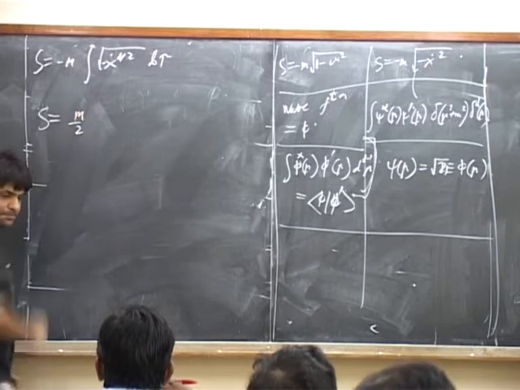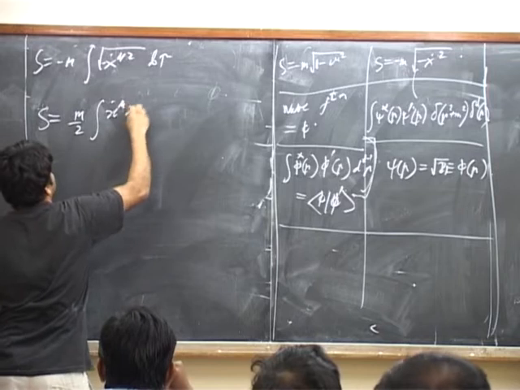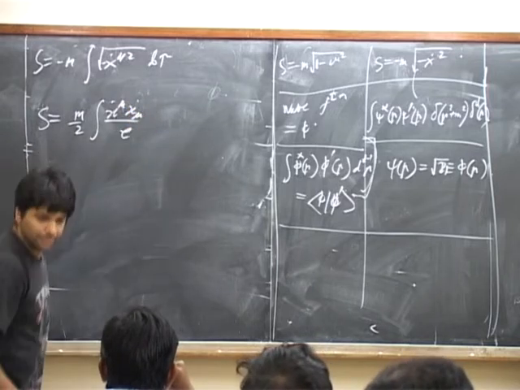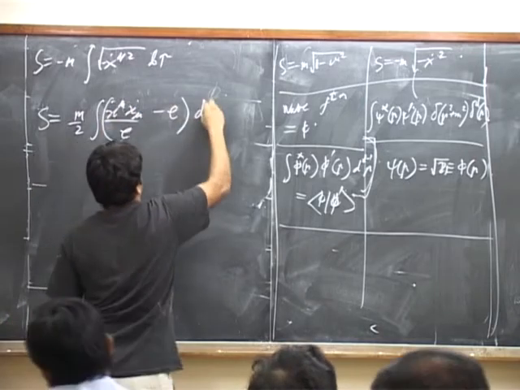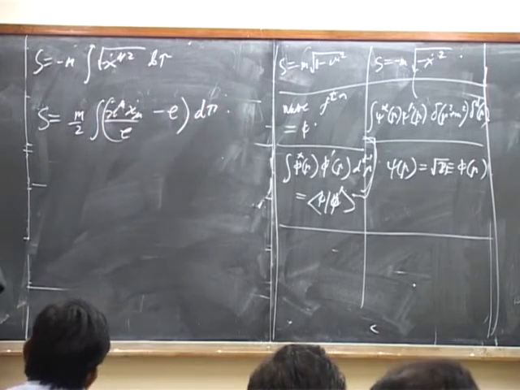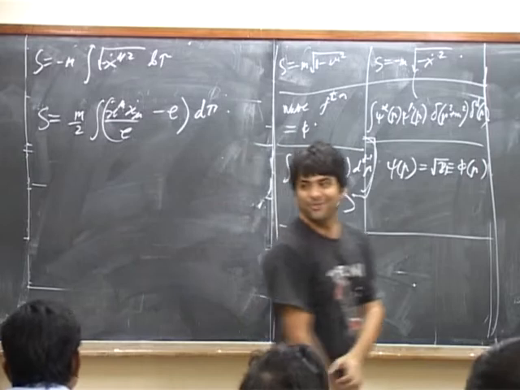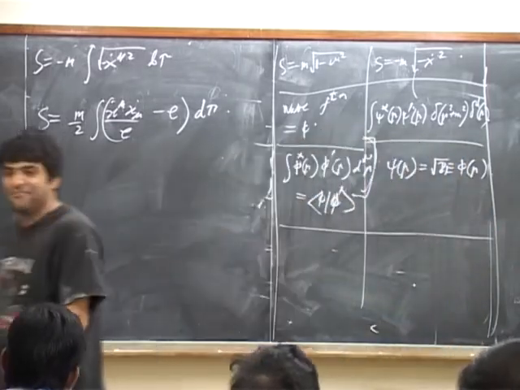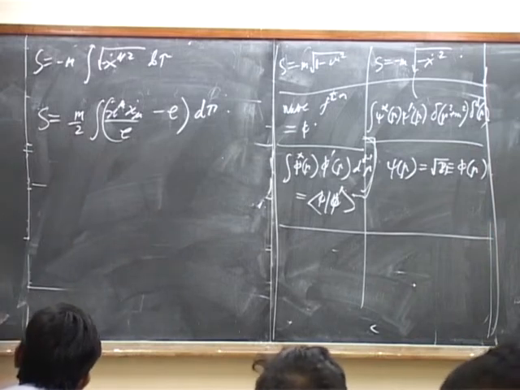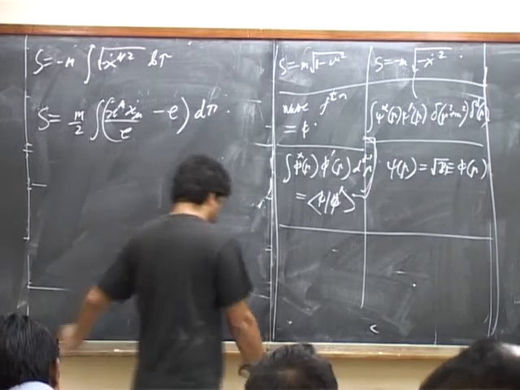S is equal to m by 2, x mu dot squared by E minus E. And now you're going to ask me what is E, and I say, well, it's a new variable. So instead of dealing with the system with D variables, we're now dealing with the system with D plus 1 variables. If you go from D minus 1 to D, who's going to stop you from going to D plus 1? Now this looks like an odd system.